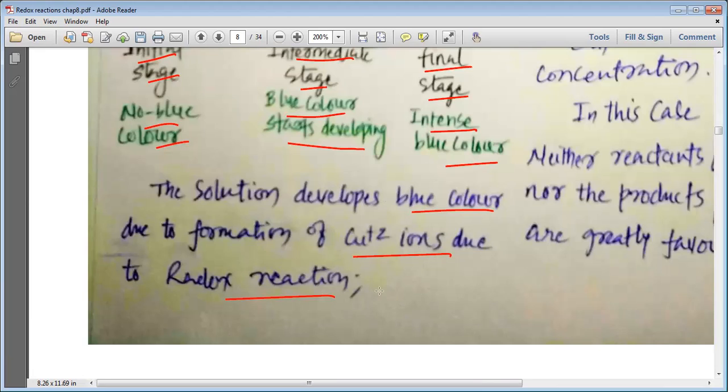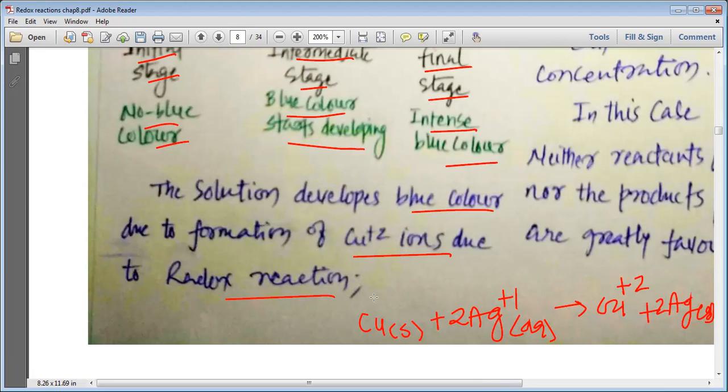So I hope, my dear students, you can easily understand that this copper, which was a solid, when it reacts with the 2 Ag plus ions present in the aqueous solution, loses its electrons and forms Cu plus 2, and these electrons released by copper are gained by Ag plus ions, which turn out to be 2 Ag solid.